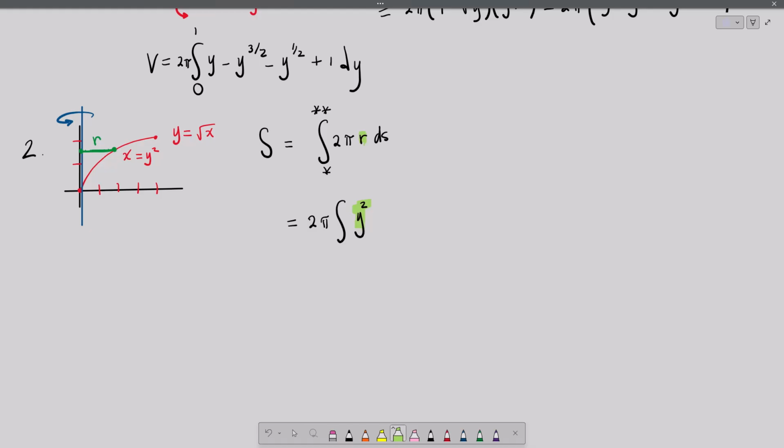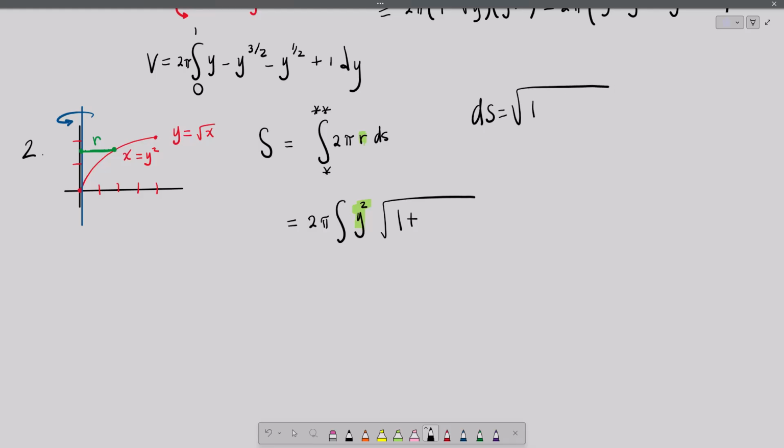Now ds is converted to dx or dy. Should we convert it to dx or should we convert it to dy? dy, because we have a horizontal element, so we're going to integrate with respect to y. So ds is going to be the square root.